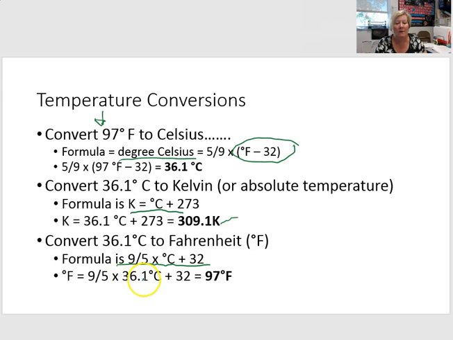So plugging all of that in, you put in 9 divided by 5, multiply it by 36.1, and then add 32, and voila, we get 97 degrees Fahrenheit, which is exactly what we started with up here. 97 Fahrenheit converts to 36.1 Celsius, so 36.1 Celsius should convert right back to 97 Fahrenheit, and in fact it does.